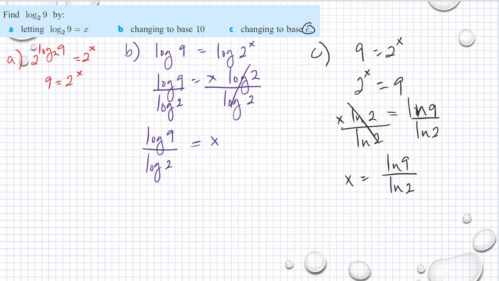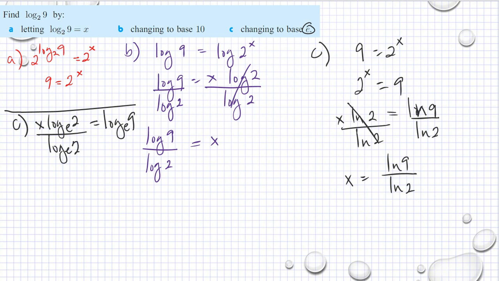Maybe I can show you anyway with base e. So we have x logarithm of 2 with the base e is equal to logarithm of 9 with the base e. Divide both sides of the equation by logarithm of 2 with the base e. That is 1.